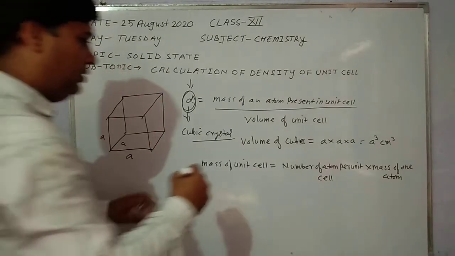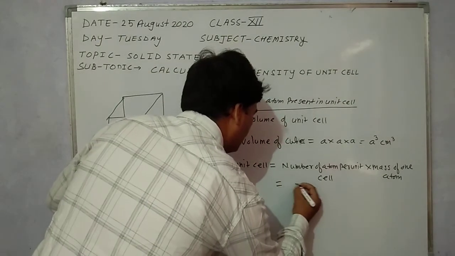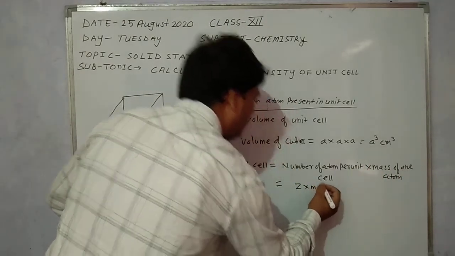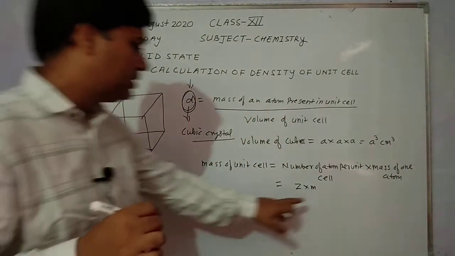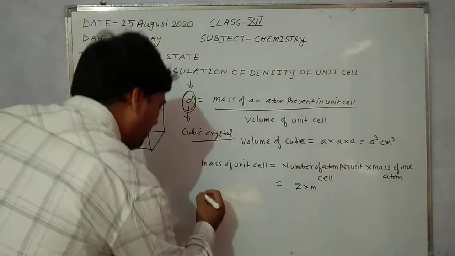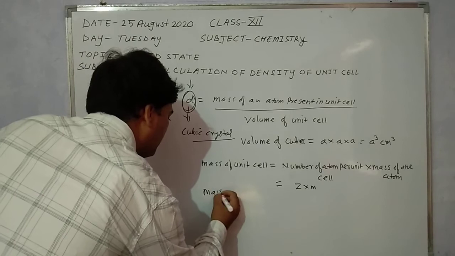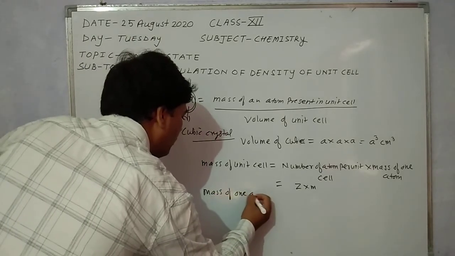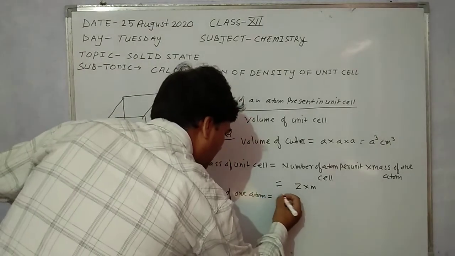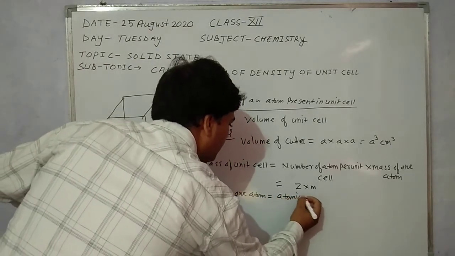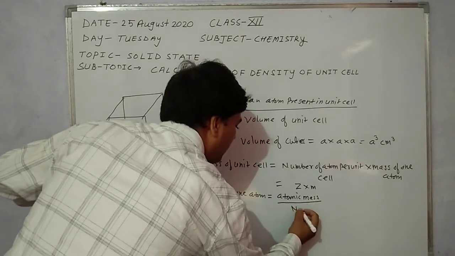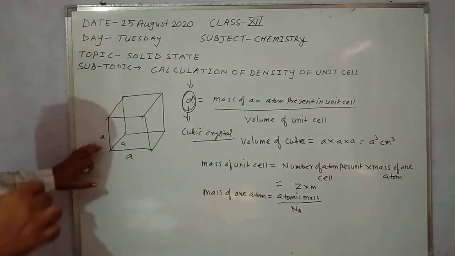So number of atoms per unit cell is denoted by Z, and mass of one atom is denoted by small m. With the help of the formula, mass of one atom is equal to atomic mass divided by Avogadro number.